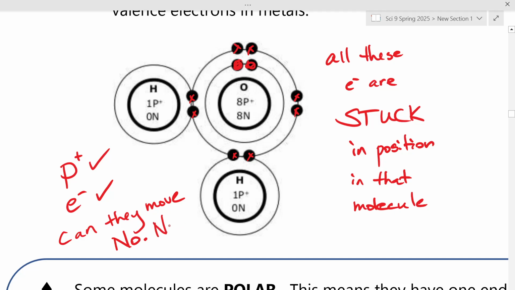No. So, do you remember when water did not conduct electricity? That's because water is a neutral molecule. It doesn't have an overall positive or negative charge, and it doesn't have any protons that can move. It doesn't have any electrons that can move, and that's why it does not conduct electricity and is super boring in the demonstration.